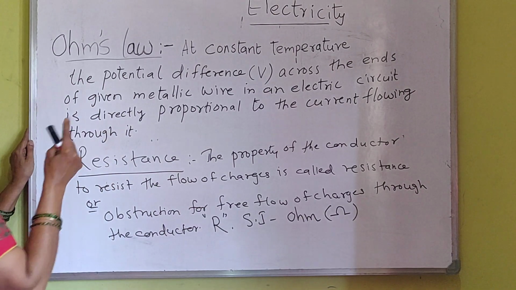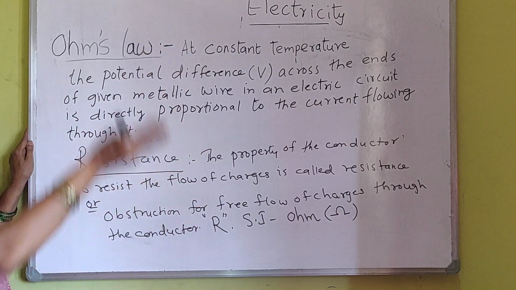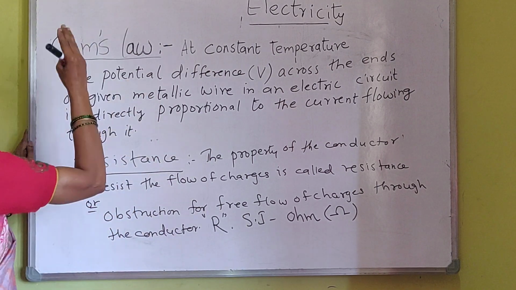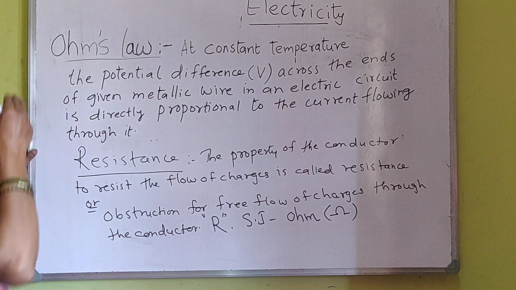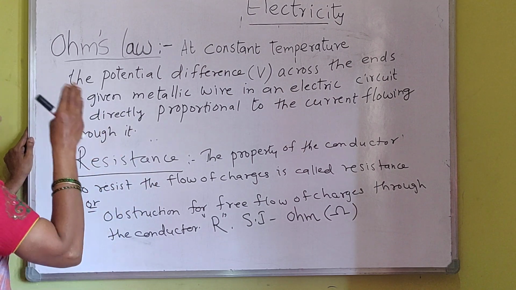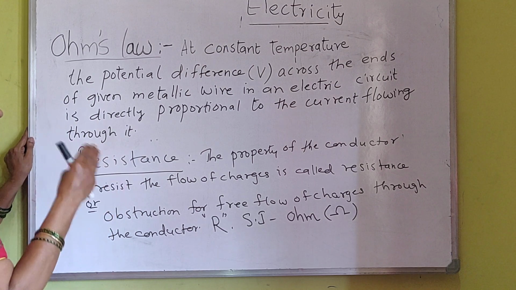That means when the potential difference increases, the current also increases. When potential difference decreases, the current also decreases. With the help of this law, Ohm was able to find a new physical quantity which is called resistance. And that V by I is equal to R is constant, that he named resistance.